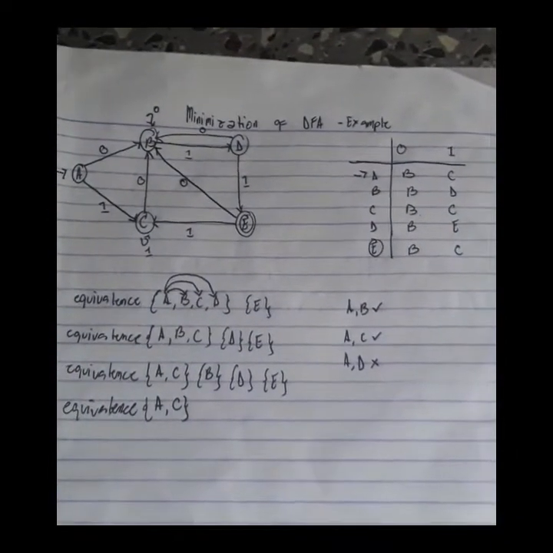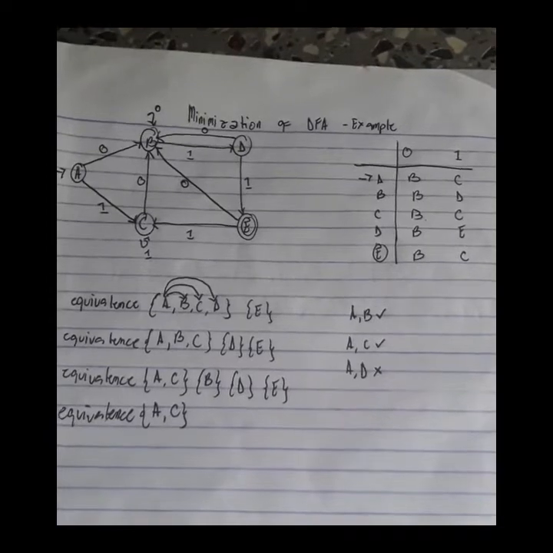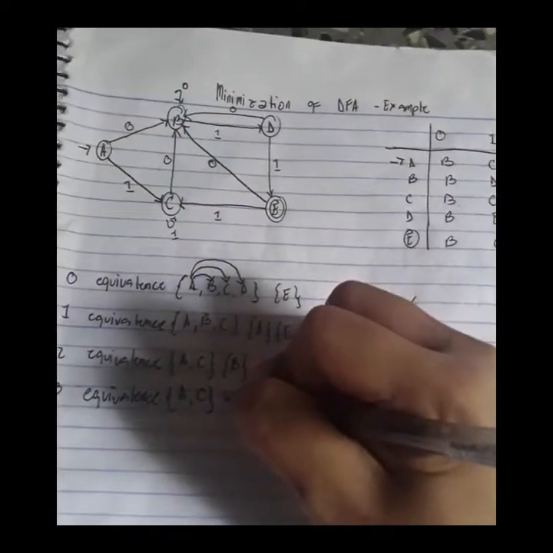And for B, D, and E, because there are 3 separate sets, and I cannot combine them with anything, so I have to bring down these 3.